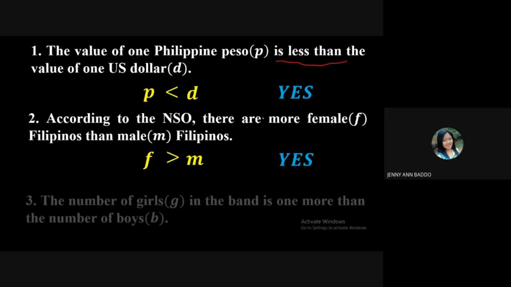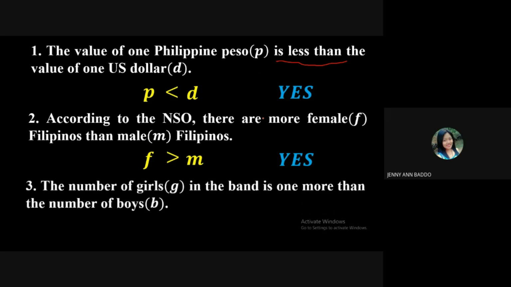Another example, the number of girls in the band is one more than the number of boys. First, we have to let the number of girls be denoted by small letter G, and then we have "is one more than." Take note, "is one more than" is different from "is more than one."